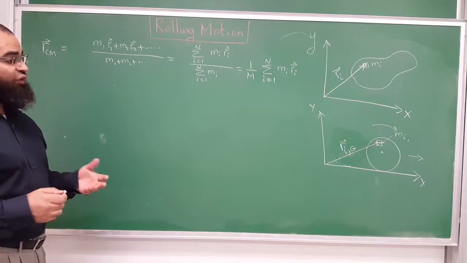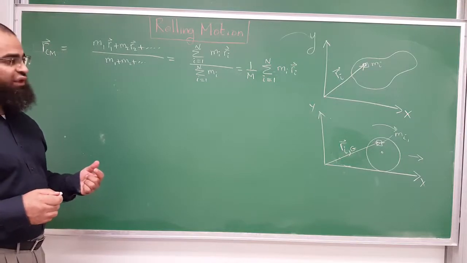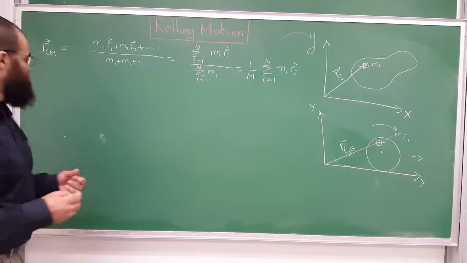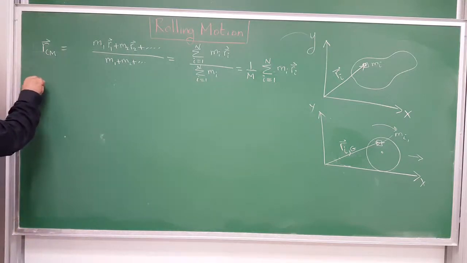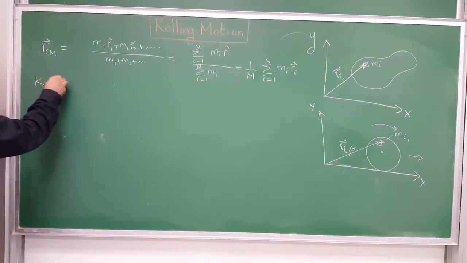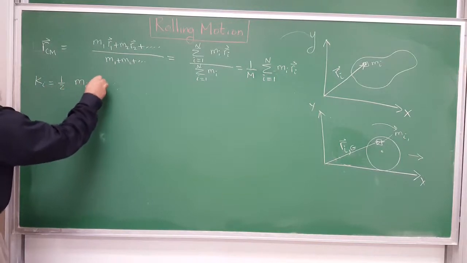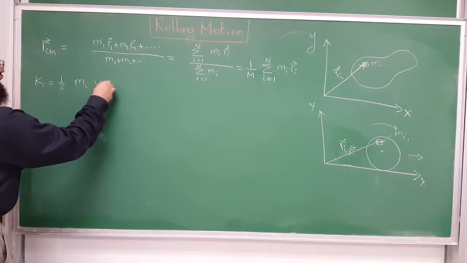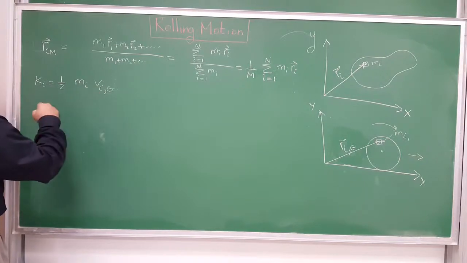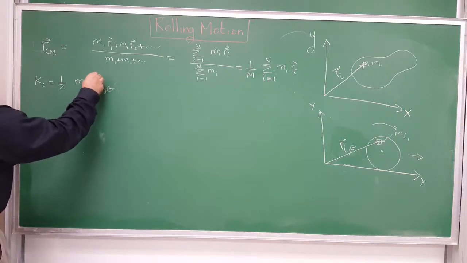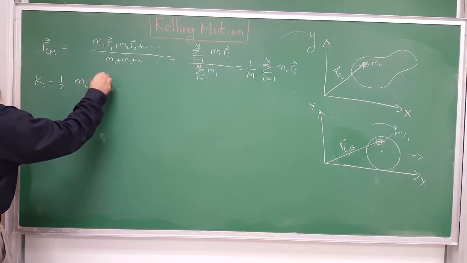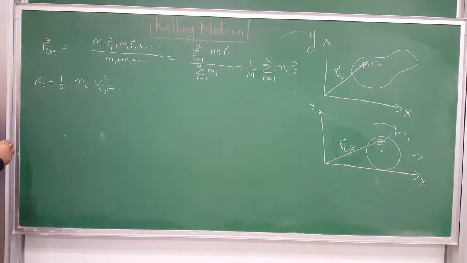And so the kinetic energy of a little mass is 1/2 mv squared. So the kinetic energy of just one mass will be 1/2 of that little mass times the velocity of that little mass relative to the ground, the velocity of i relative to the ground squared, right?